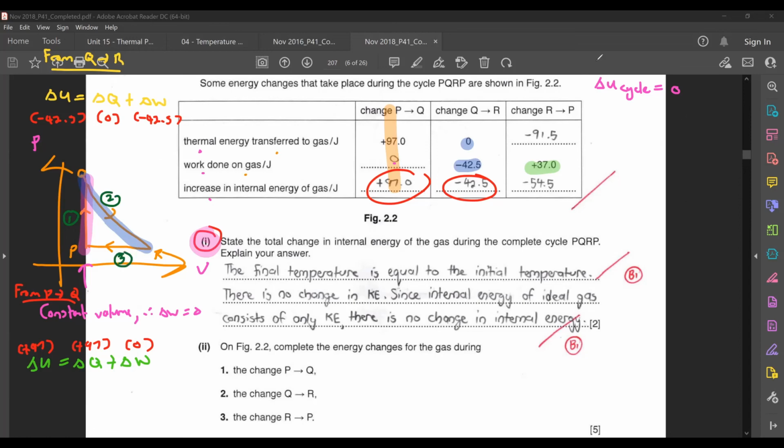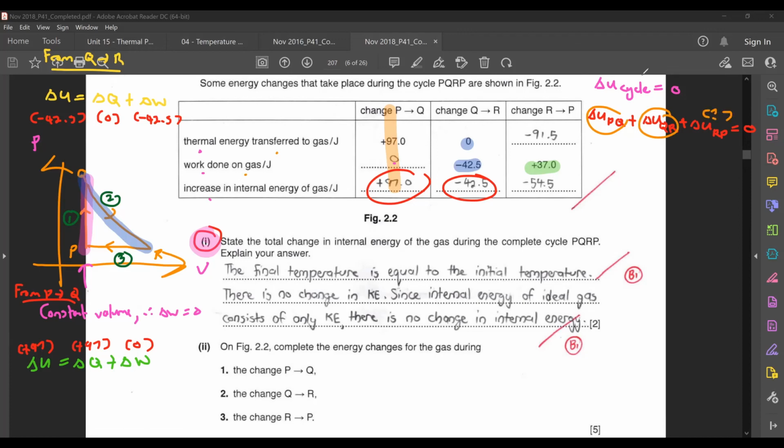So this can be rewritten as the change in internal energy from P to Q, plus the change in internal energy from Q to R, plus the change in internal energy from R to P, equals 0. Now you already know the values of the first two.